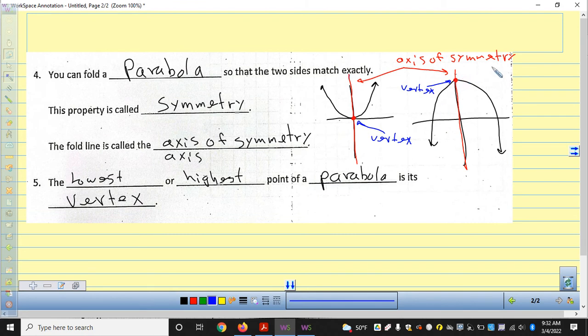On this graph, parabolas don't have both a lowest and a highest point. If they open up, they have a lowest point. If they open down, they have a highest point. Is that what you mean? The lowest point of the U shape is the vertex. Or if the parabola is upside down, the highest point of the U shape is the vertex.